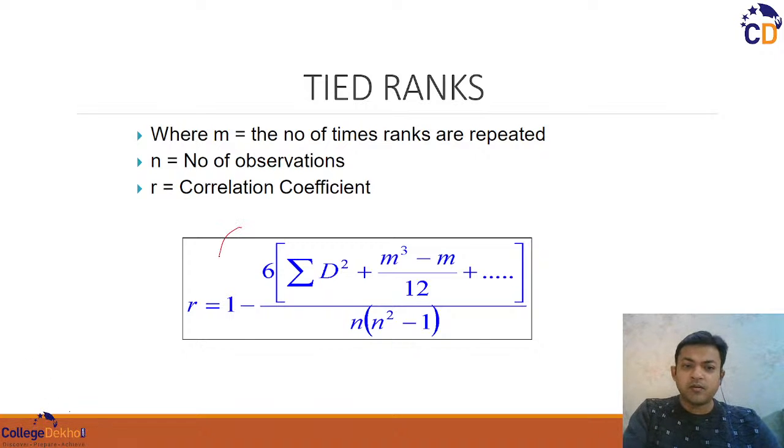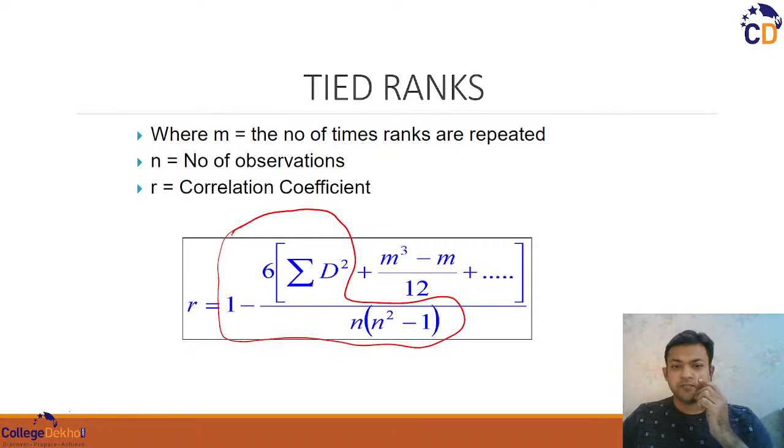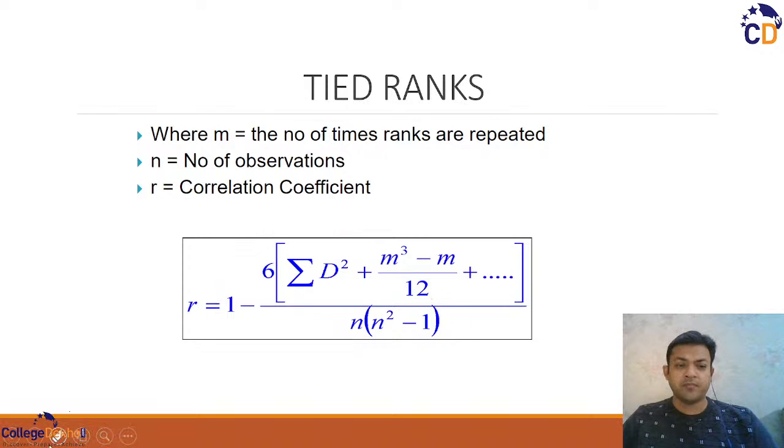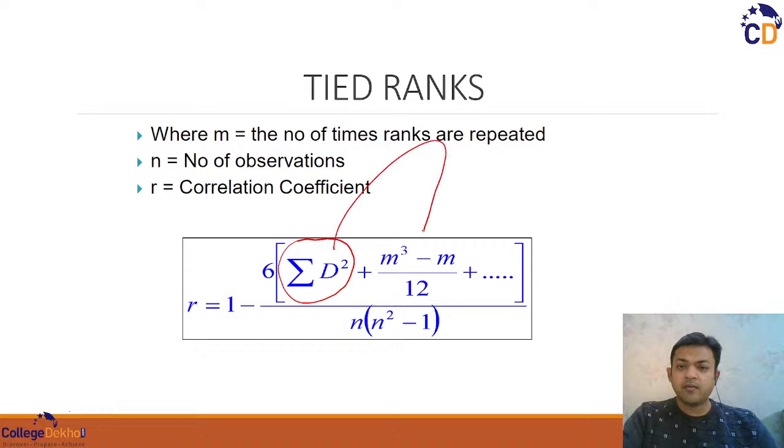If you remember, the rest of the formula remains the same, exactly what we did previously. What actually changes is that to the term summation of d square, we now add m cube minus m over 12 in a summation.